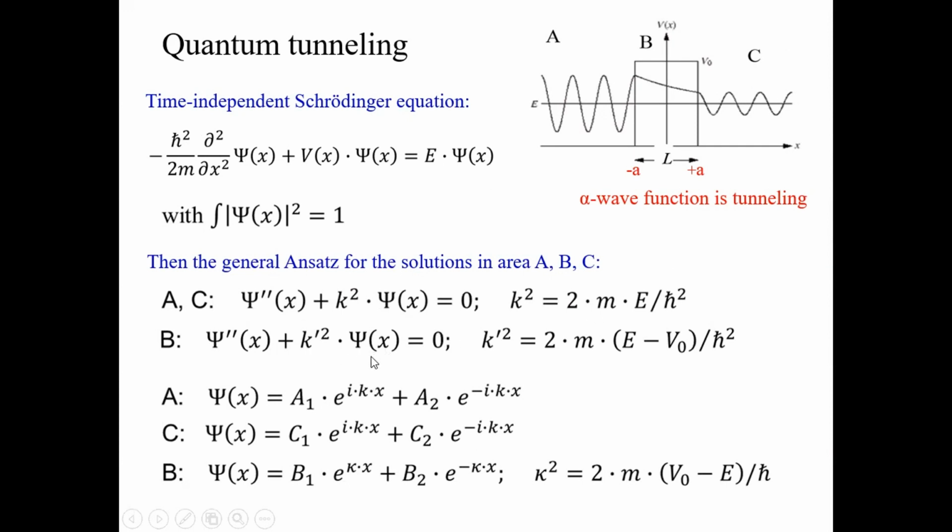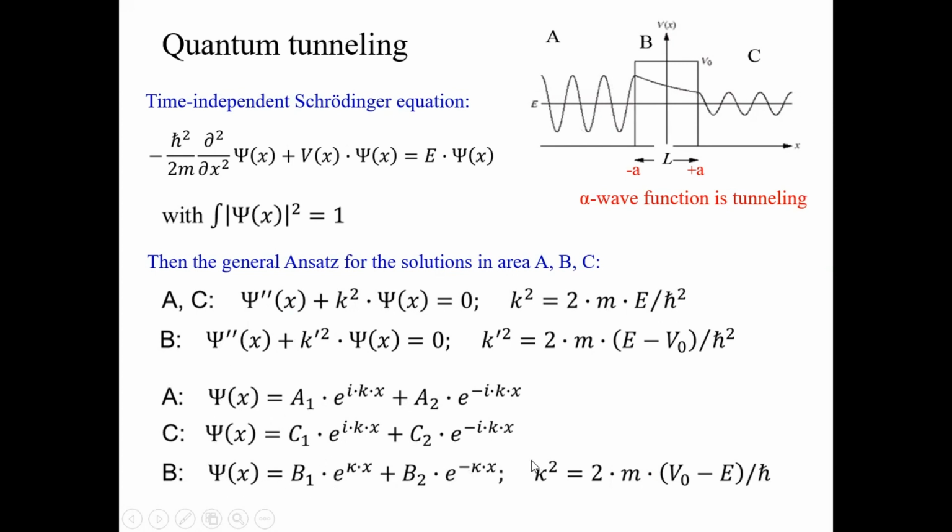We can find the general solutions for A and C. We have a similar equation for K times this, and K is given by this, and the B region, which is the potential height and obstacle, the opposing potential, which is opposing the transmission.